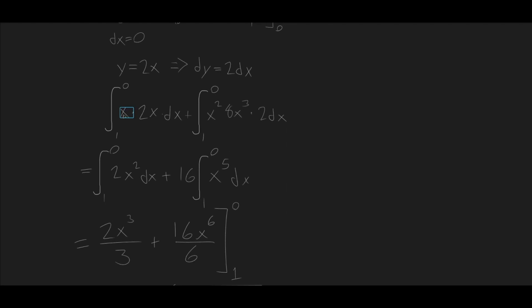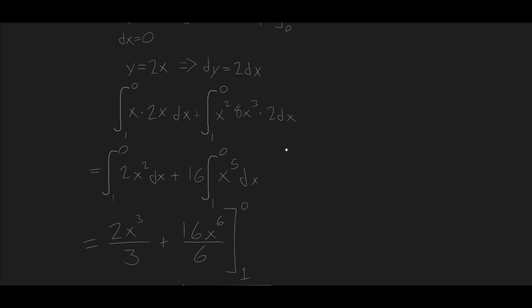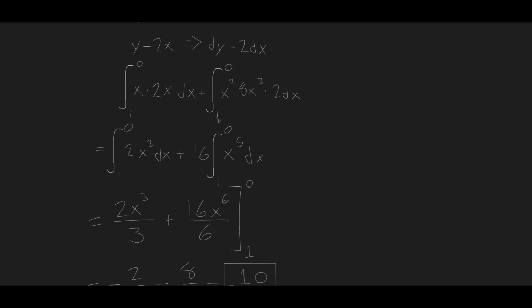For this integral, where it was x times y, we're going to substitute that with 2x. And where it was y cubed, we're going to substitute it with 8x cubed. And dy will be substituted with 2 dx. And these integrals are from 1 to 0.